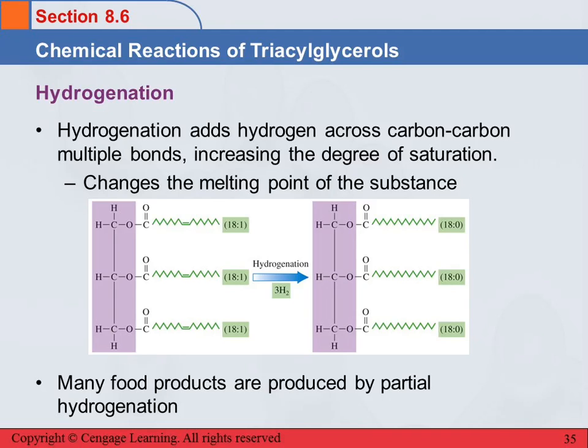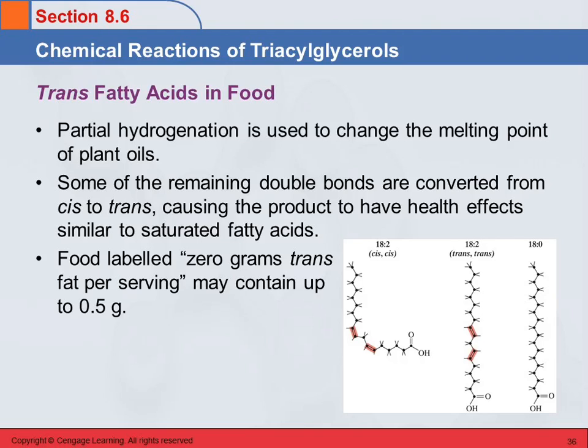A partially hydrogenated fat is where not all of the double bonds have been hydrogenated, just some of them. The problem with that: here is a natural 18:2 fatty acid. These bonds here are almost always cis bonds in naturally occurring unsaturated fatty acids.